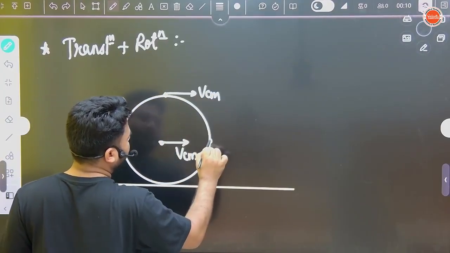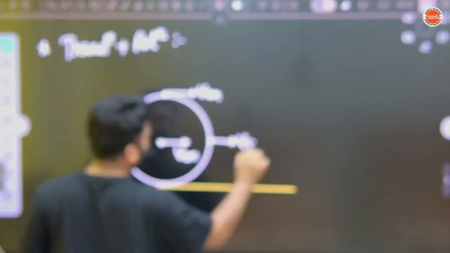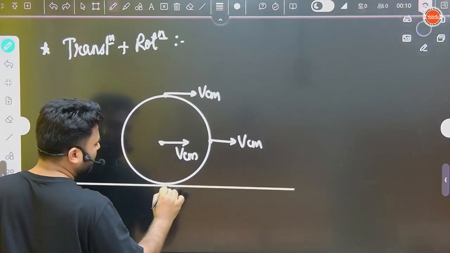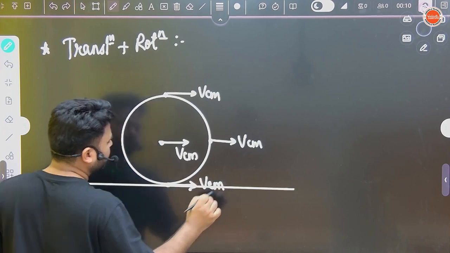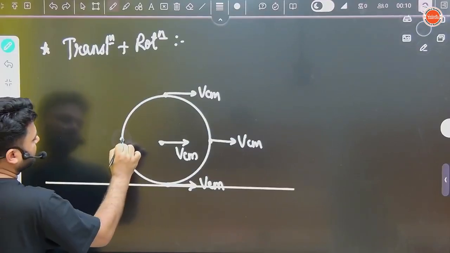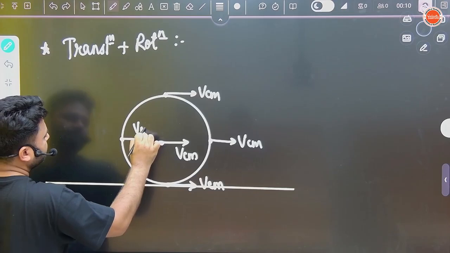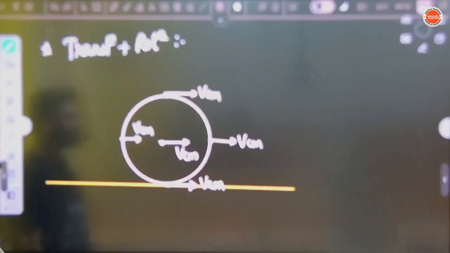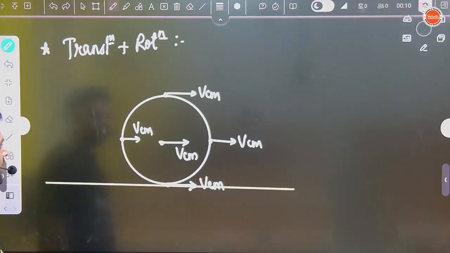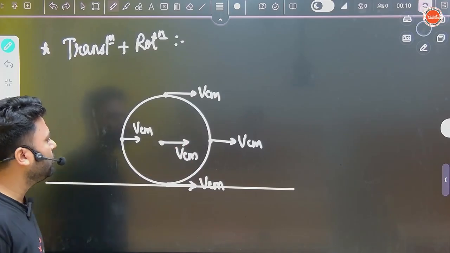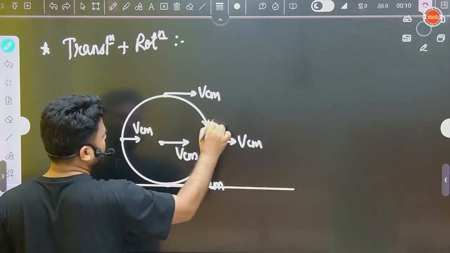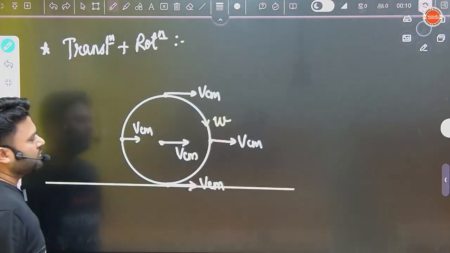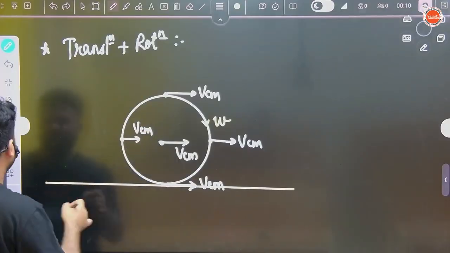In translation motion, all the points move in the same direction with the same velocity vcm. But since the object is also rotating with omega, due to rotation, what can we write?